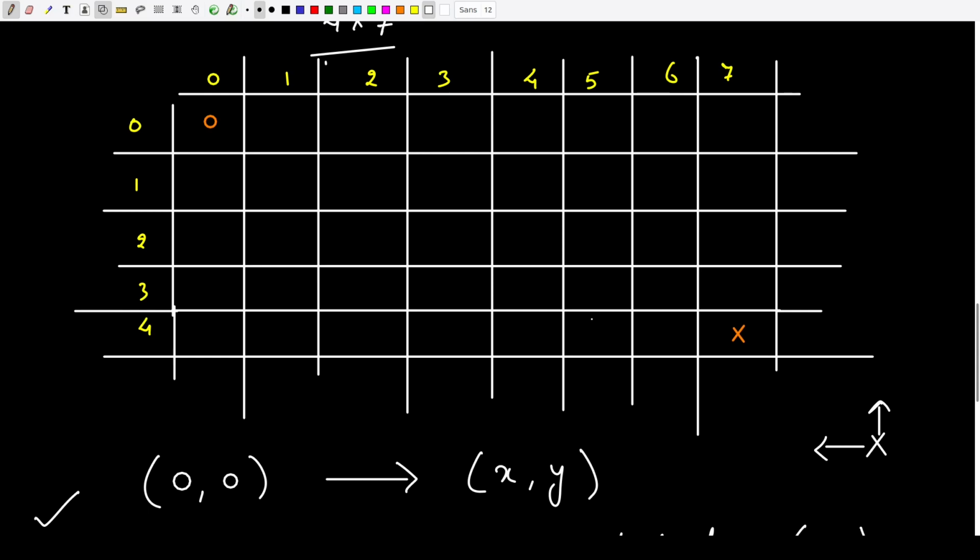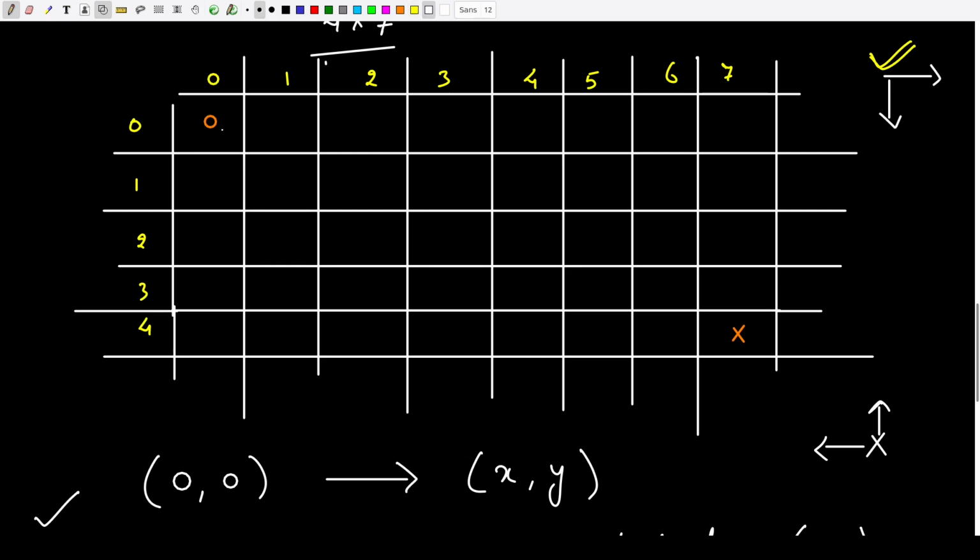When we are coming from 0, 0, the options which will be available to us are the opposite of this, which is we can either move towards right or we can move towards down. So we are going to use this technique in order to compute the total number of paths from 0, 0 to x, y while moving either towards right or towards down. So let us compute it.